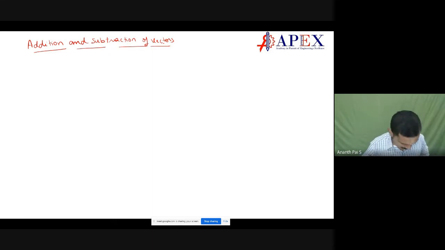Okay, so now when you add two vectors, it is not simply adding magnitude and direction.